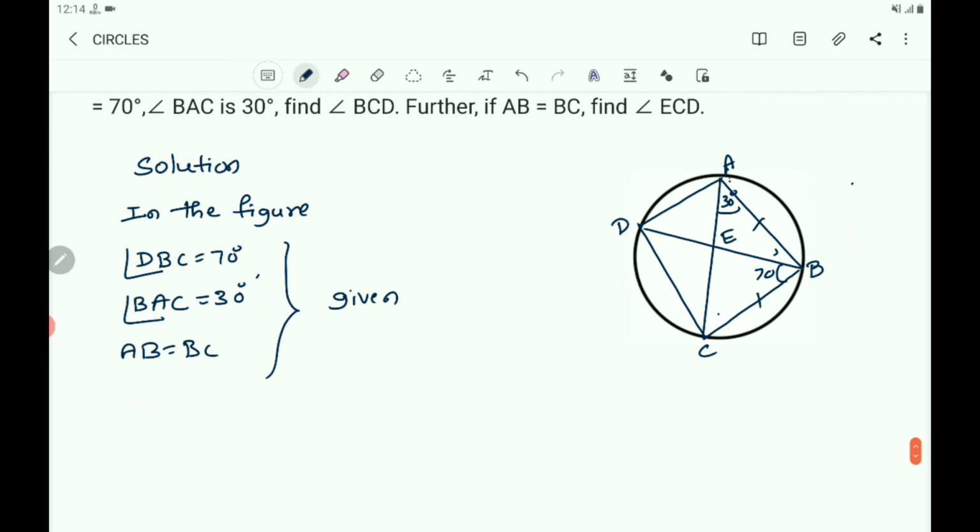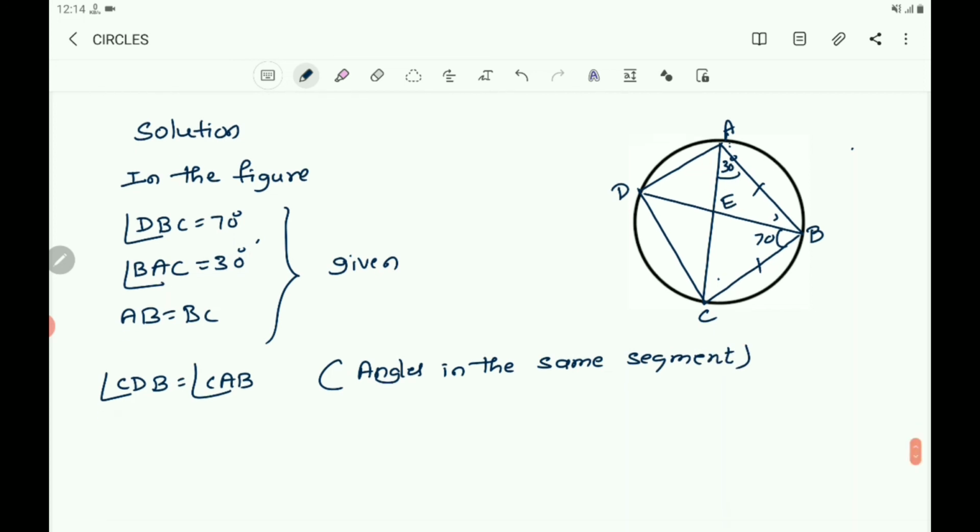Now first let us take this angle CDB. Angle CDB is equal to angle BAC, as they are the angles in the same segment. So you write angle CDB equals angle CAB. Reason you write angles in the same segment.